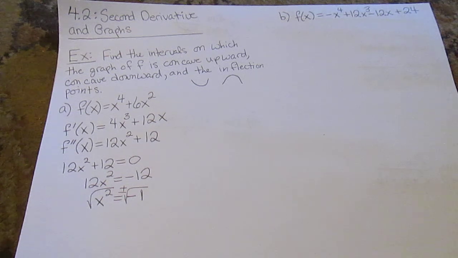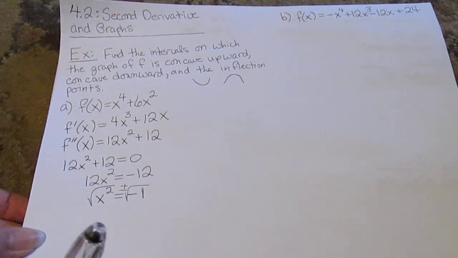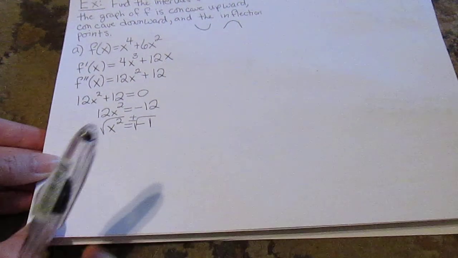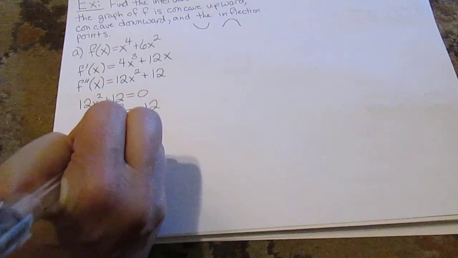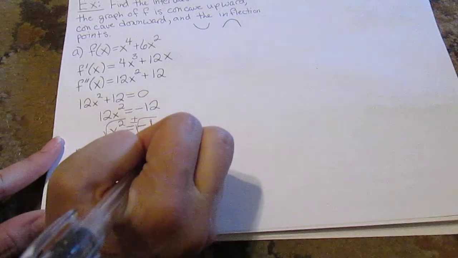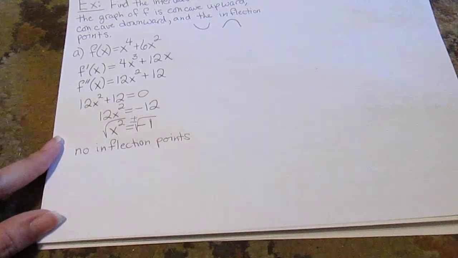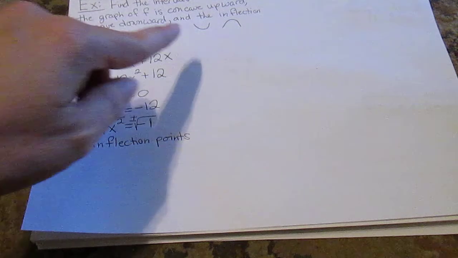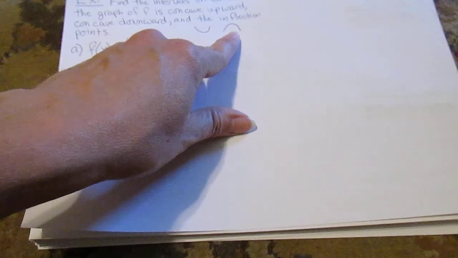It just meant that there are going to be no inflection points in this case. In the last section it was no critical values, but here we've got no inflection points. But you can see if the graph is entirely concave upward or entirely concave downward.